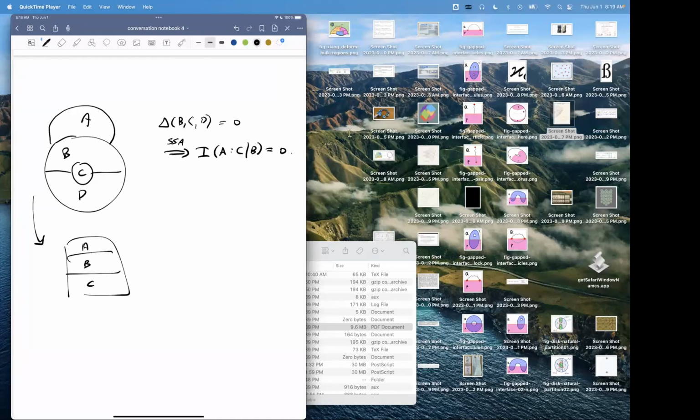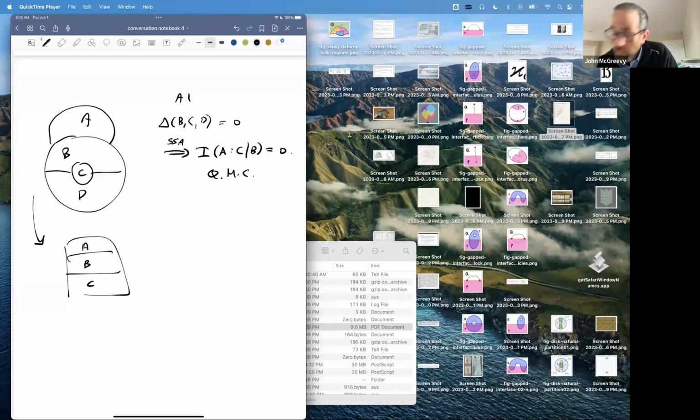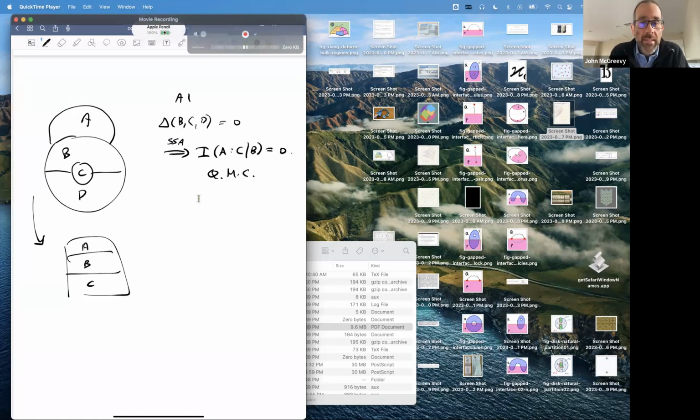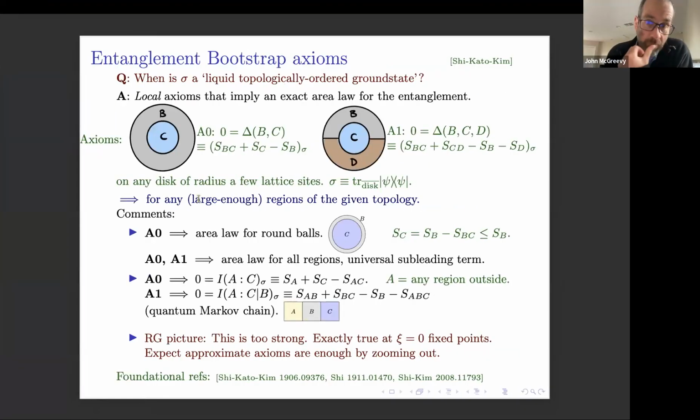Just asking, instead of A1, if you say Markov chain, can you replace A1 by this quantum Markov chain? Well, indeed, A1 implies that these things are quantum Markov chains. The advantage of phrasing it in terms of A1 is that A1 is a local condition.